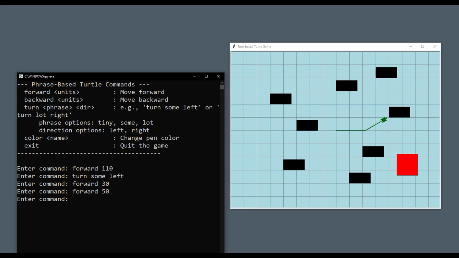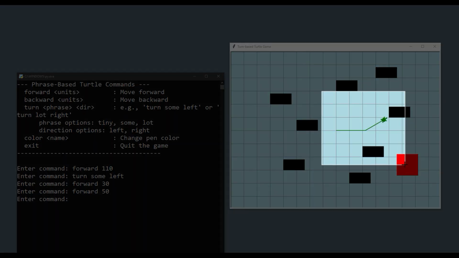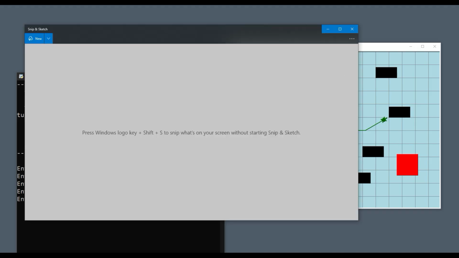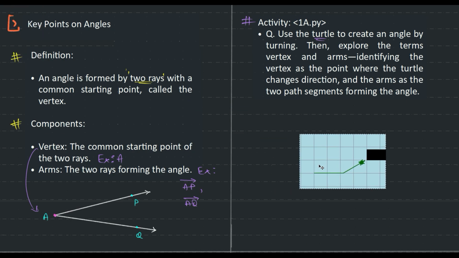So let's look at the angle formed by this. Don't think much about the path. We'll consider this as our vertex. This is our A, for example.